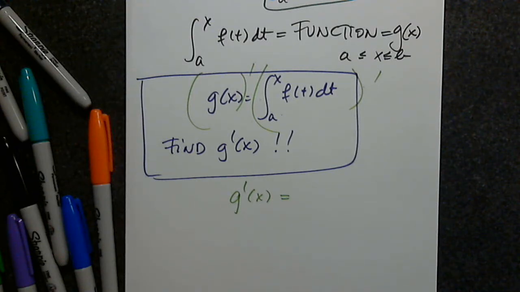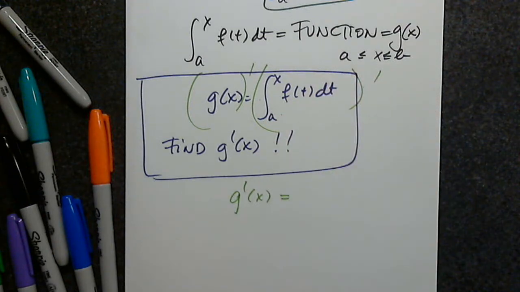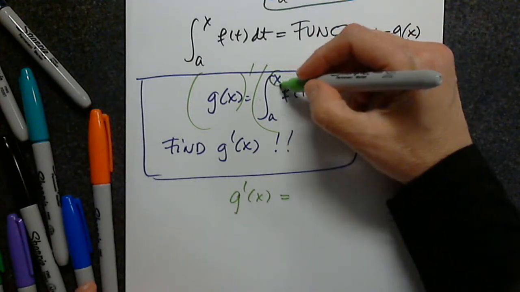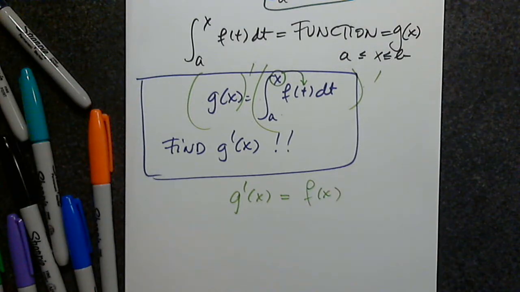this is what part 1 says or shows. When you differentiate an integral, you get the function. You get f of x. And this is the fundamental theorem of calculus part 1.